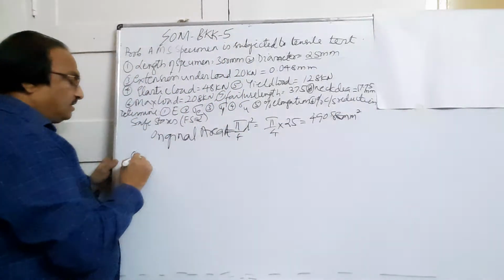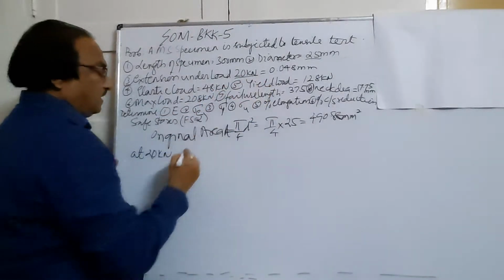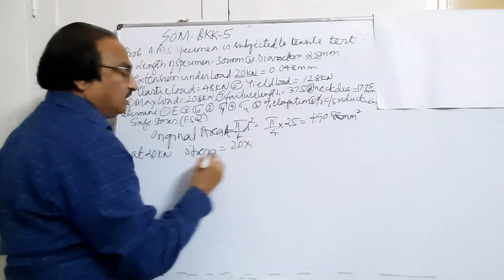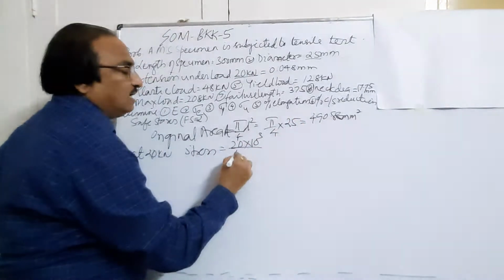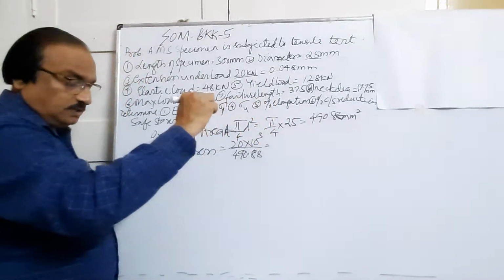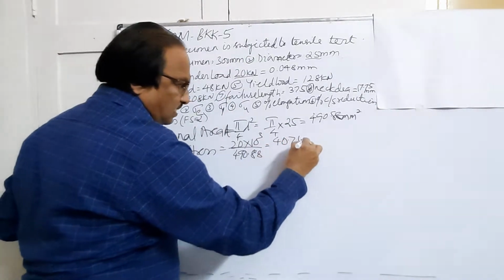At 20 kilonewton load, the stress is given by 20 kilonewton, converted to newton, divided by 490.88. If you simplify this, you get the stress as 40.74 newton per mm square.